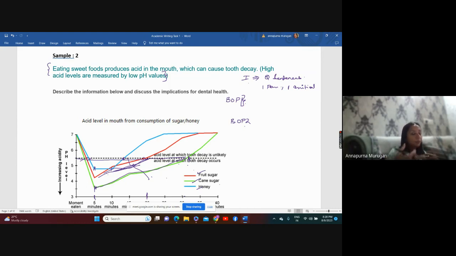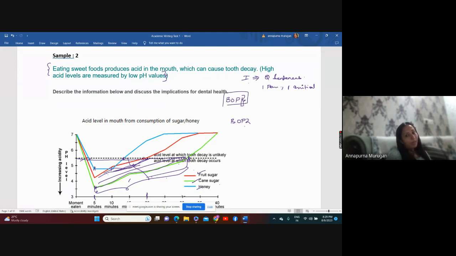You can use the words nearly half an hour, because of which the threat of tooth decay is very high when cane sugar is consumed. We did not describe the movement, but still we explained the entire idea here, isn't it?